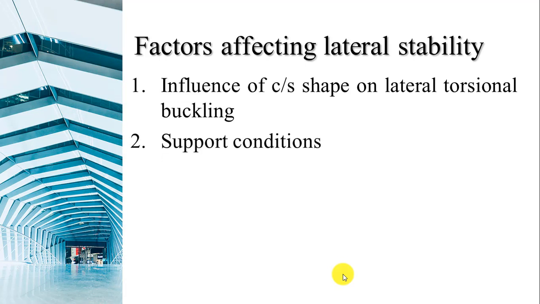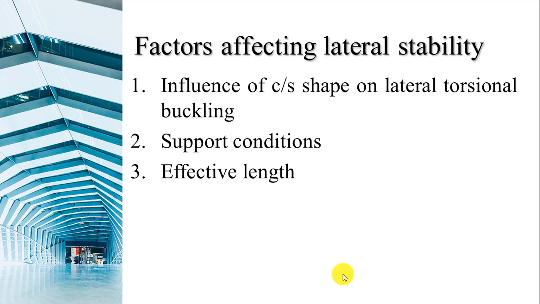Then secondly, support conditions are there. So what are the support conditions? Like some lateral restraint is provided in between. At what place that lateral restraint is provided, depending on that, the length of the beam is defined. So that is the support condition, which again affects the stability of that beam.